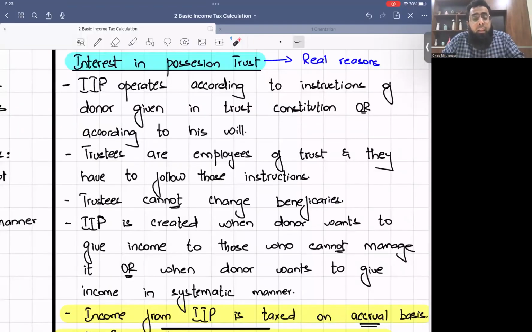So we can discuss the concept of trust, that what the trust is. It is a registered entity in which the donor gives the assets which are managed by the trustees for the benefit of beneficiaries. Then we discussed that why the trust is created.